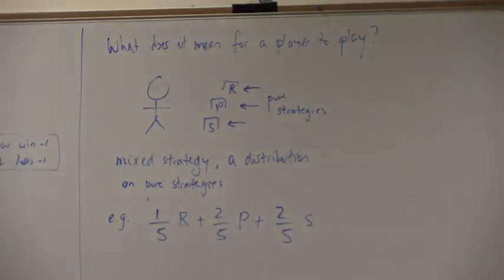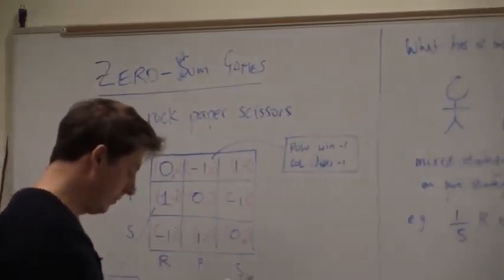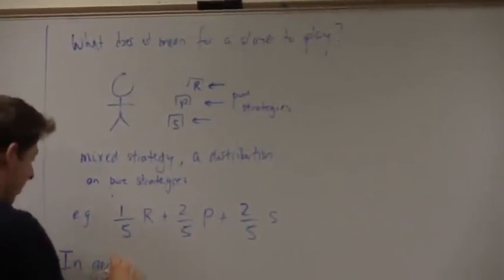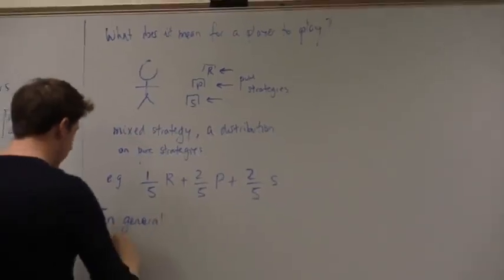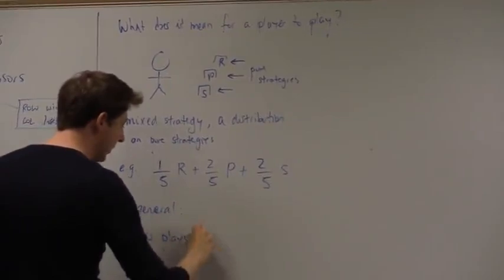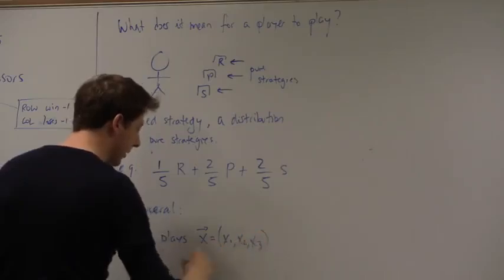Essentially, what we should be asking ourselves is which mixed strategies are good strategies to play in this game. So in general, just to have some notation, we're going to say that the row player plays some vector x, which is x1, x2, x3.